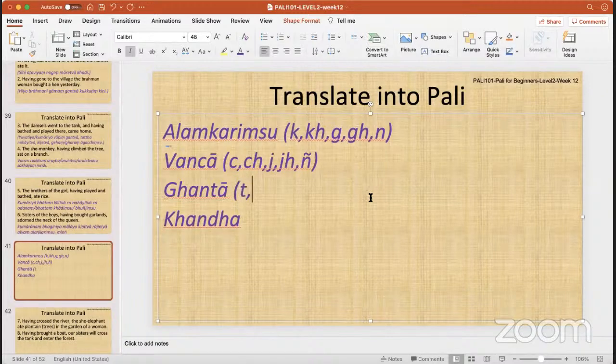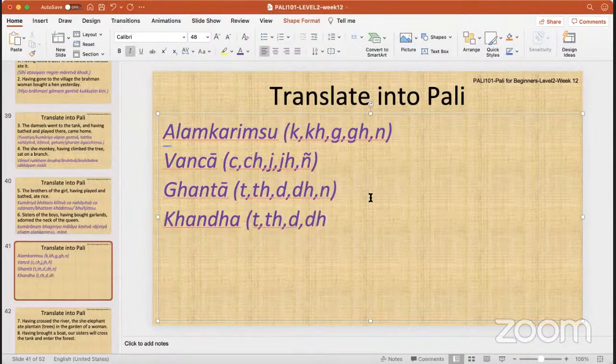I need these letters, if someone can help me with the dot underneath. It's a very important point that you have actually taken out. Khandha and dandha. And please ka, kha, ga, gha, nga, and I have that cha, chha, ja, jha, nya, ta, tha, da, dha, na.